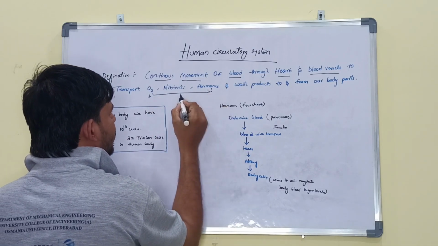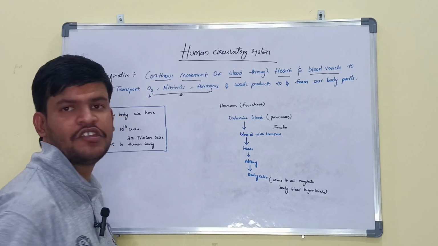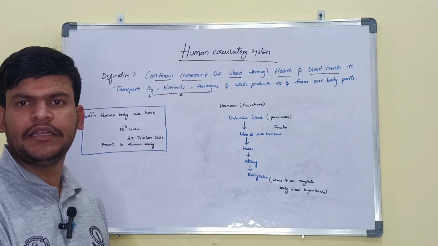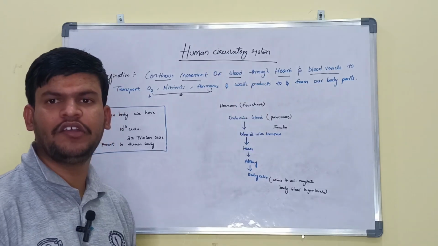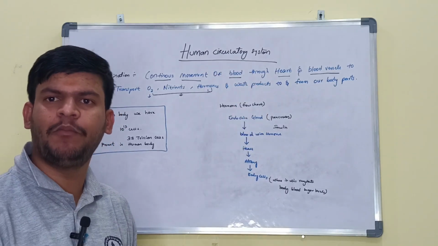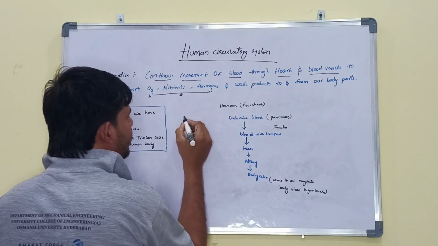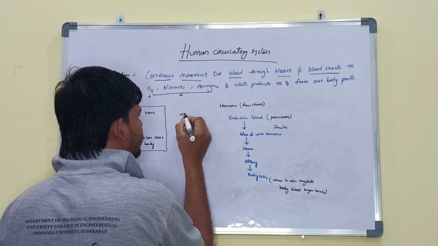Like that, waste products. These three substances are being included in the blood and it will be transferred to body cells, whereas waste products will be eliminated from our body parts.